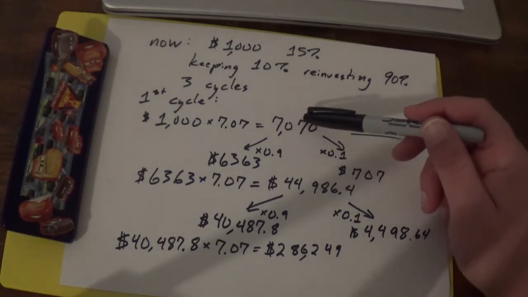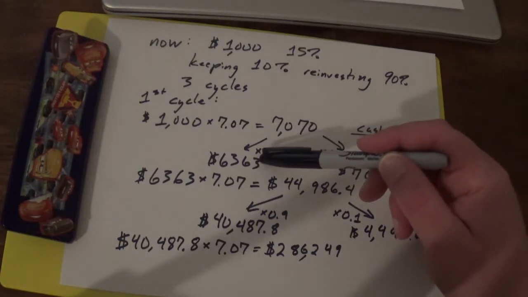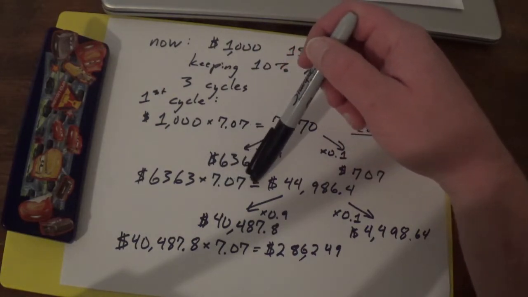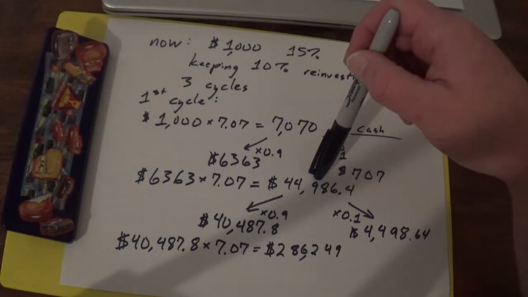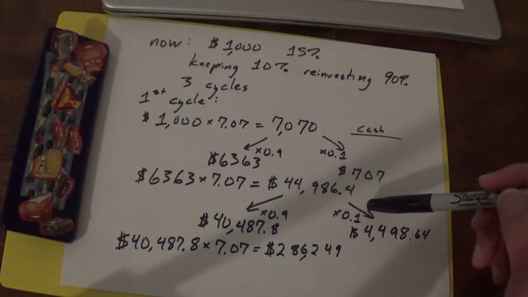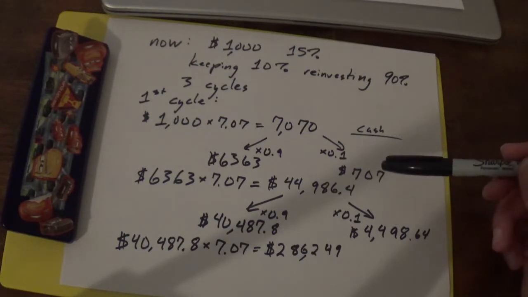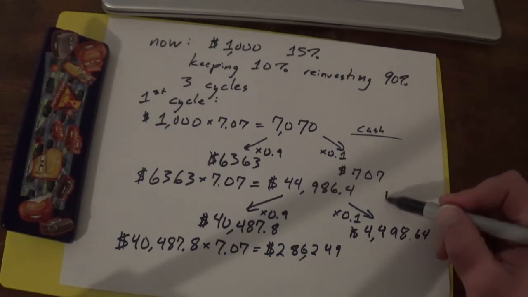And then the 7,070 times 0.9 gives me the amount that I'm reinvesting. So then that amount times the 7.07 tells me the amount of cash I get at the next cycle. So then I split it 10%, so times 0.1. This is how much cash I've got. So I have this much cash from last time and this one. So that means you're adding these two.